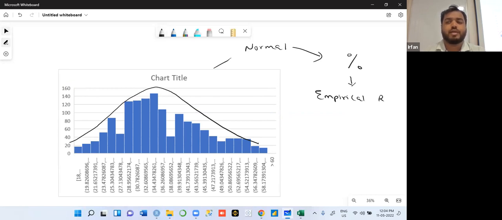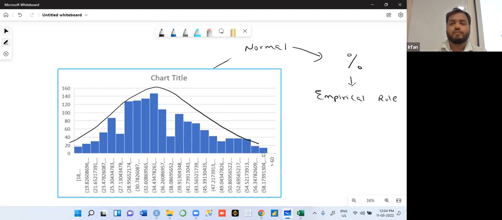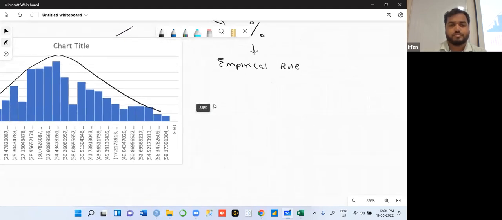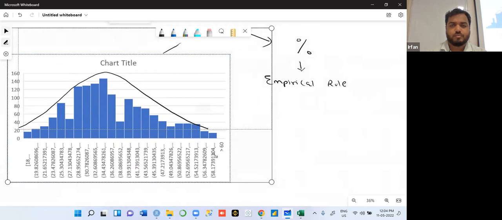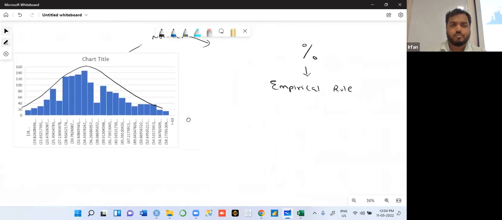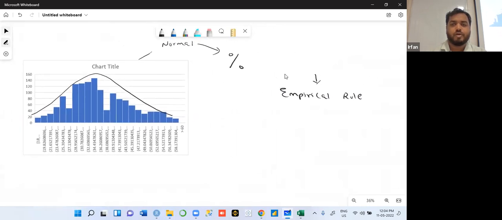The empirical rule gives the answer in terms of percentage. What is the formula for empirical rule, guys? I teach you the formula. Okay. So here also I will write as a layman, upper limit is mu plus 3 sigma.